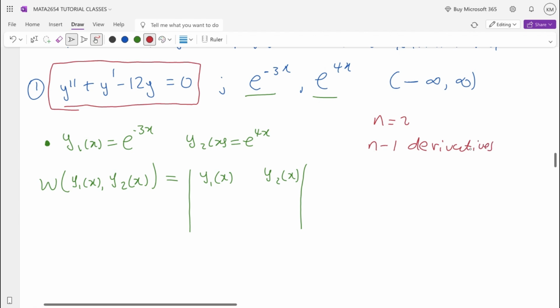So in this case, the number of times that we're going to derive is basically 2 minus 1, which is 1. So we are only going to derive once. So we are just going to say y1 prime and y2 prime. Are you all understanding?